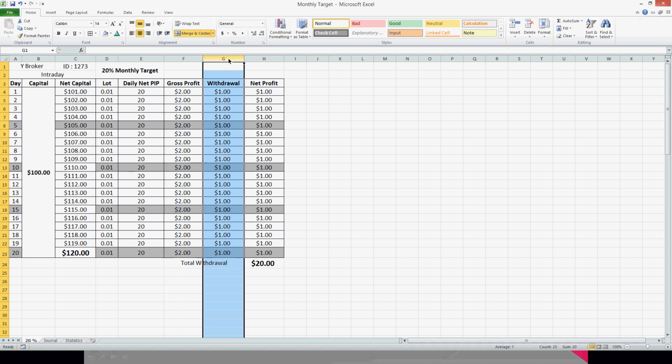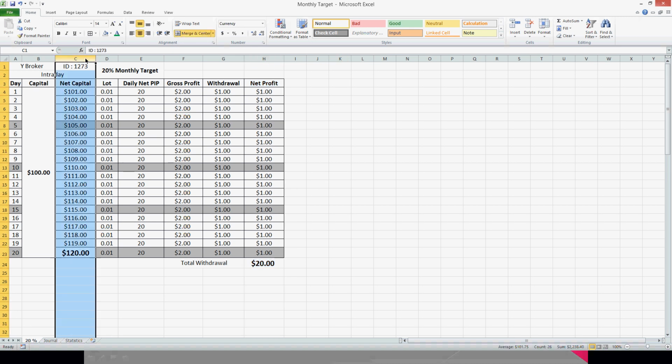What I will do with this $2 is withdraw it into another account, because most brokers don't allow you to withdraw $1 a day, for example. So you need a wallet or another account to set up as a bank. Whatever is in this withdrawal column will go to this bank account or your wallet. Whatever's left from that $2, you still have $1 a day.